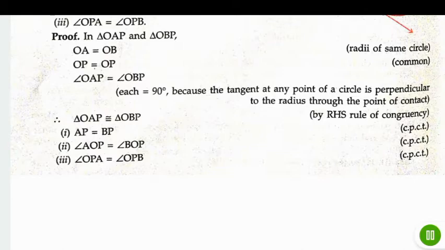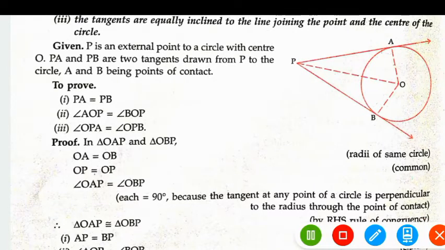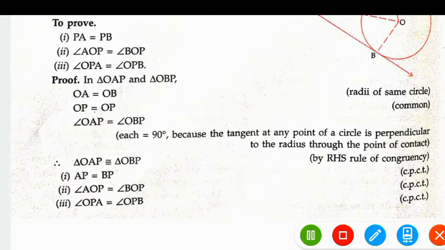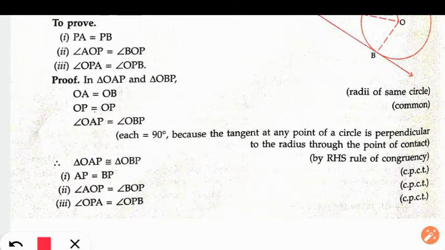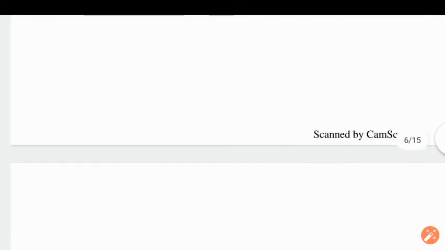Since these two triangles are congruent, we can say AP must be equal to BP, because they are corresponding parts of congruent triangles, right? These two angles must be equal and these two angles must be equal, because in two congruent triangles, the corresponding sides must be equal and the corresponding angles must be equal. Hence proved. So the theorem is proved.